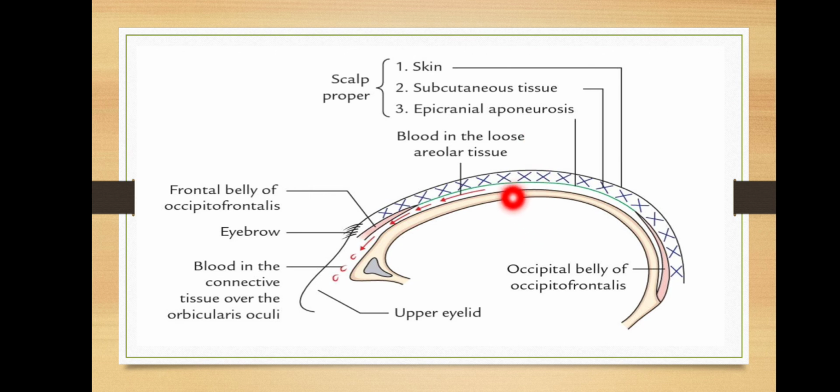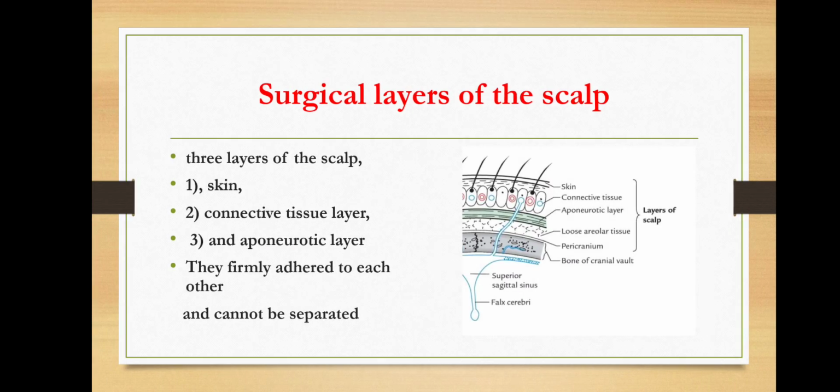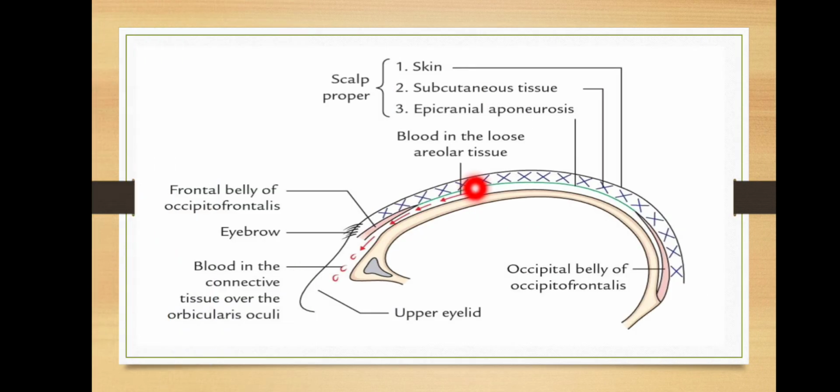I repeat, the loose areolar tissue will have some emissary veins. So when there is a damage to the emissary veins, since the frontal belly of occipitofrontalis does not have any attachment, the blood flows over the orbicularis oculi muscle. Whatever blood has flown over there will form a hematoma.